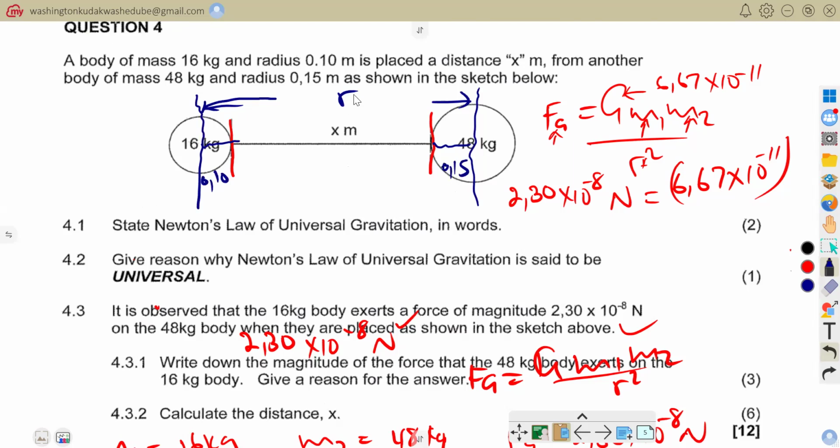So X is equal to R minus 0.10 minus 0.15.